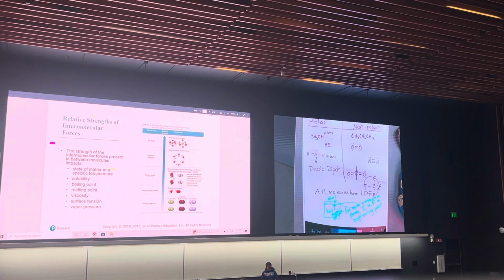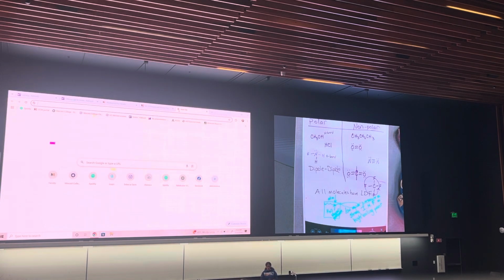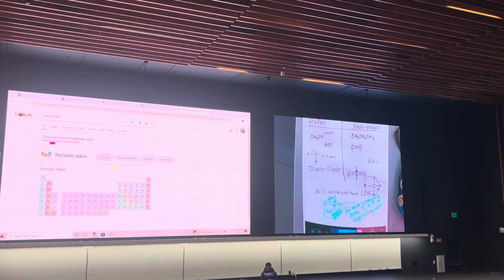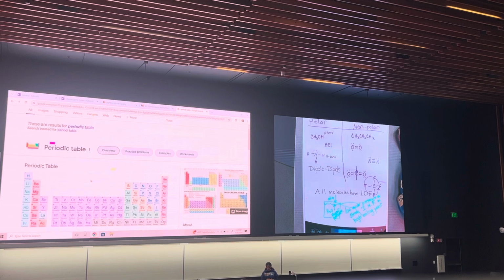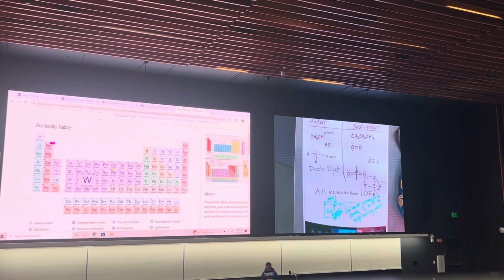So let's look at a periodic table and review atomic size. So we can see why iodine has the largest boiling point of all the diatomics. So the larger the atom, the more surface area, the stronger the intermolecular forces, the higher the boiling point, the lower the vapor pressure.